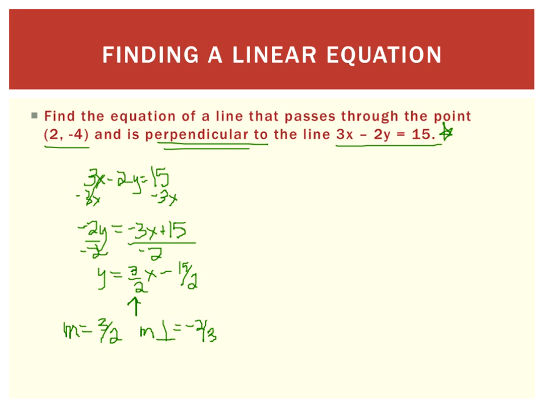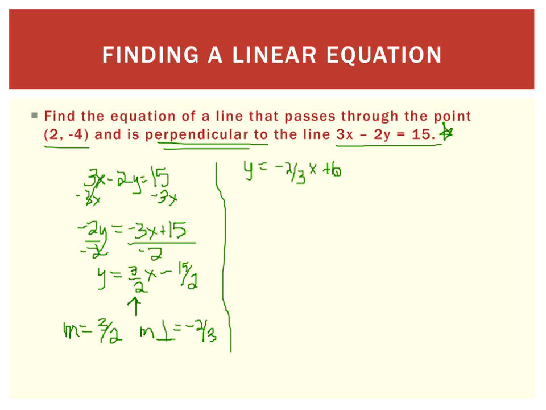That's the negative reciprocal: the reciprocal is 2/3, and we take the negative of it. So now I have y equals -2/3 x plus b.